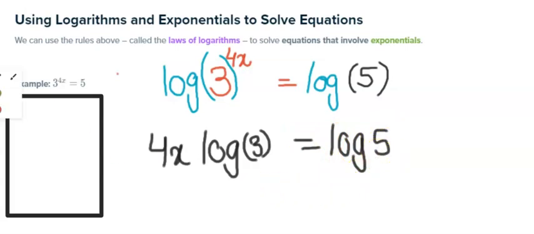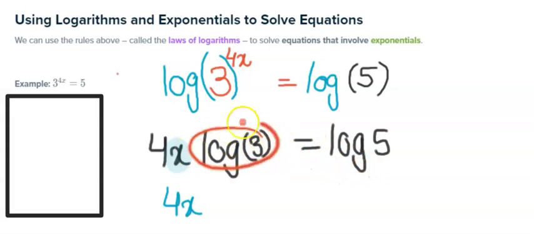Now I need to find the x. My main concern is x. This log 3 is being multiplied with that thing, so I need to move it to the other side. Whenever you cross this equal sign, you change the operation.